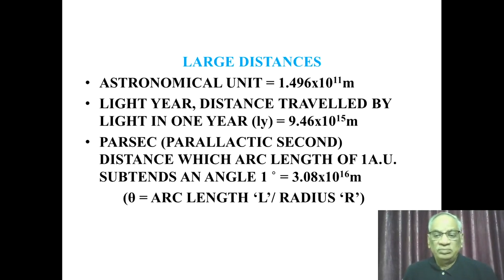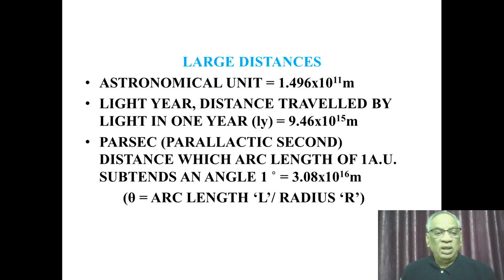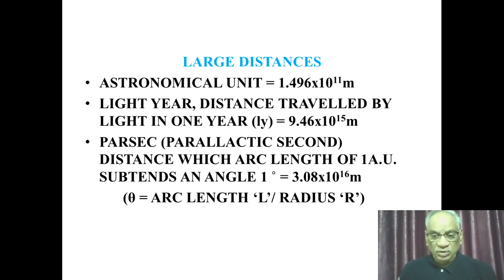Similarly, parsec. Like we have seen in the circular path with radians, if the arc length is 1 angstrom, that is 10 to the power minus 10 meters, and it subtends an angle of 1 arcsecond, then the radius, from arc length to center, is called a parsec, or parallactic second.